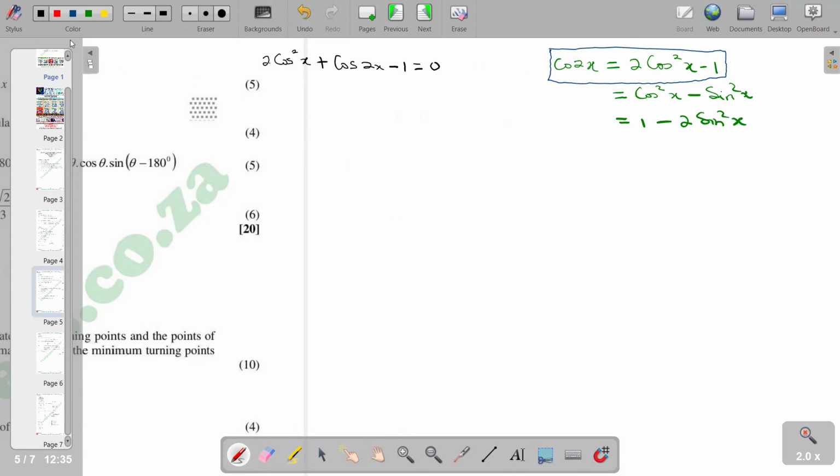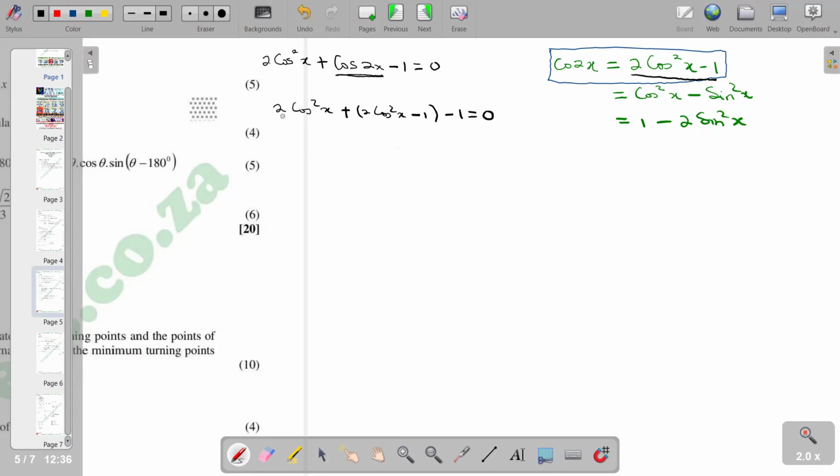So one way, wherever there is cos 2x, we are going to substitute it by 2 cos squared x minus 1, meaning it becomes 2 cos squared x plus 2 cos squared x minus 1, then minus 1 equal to 0.